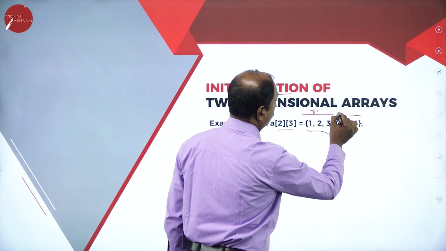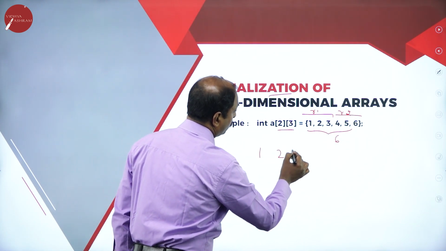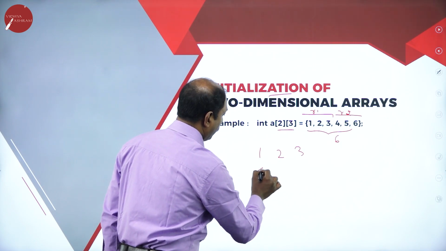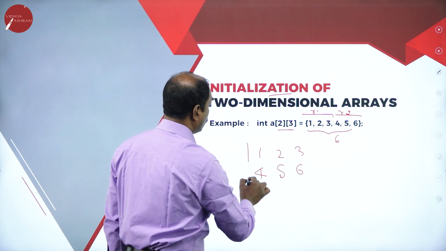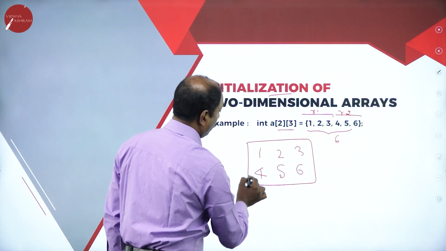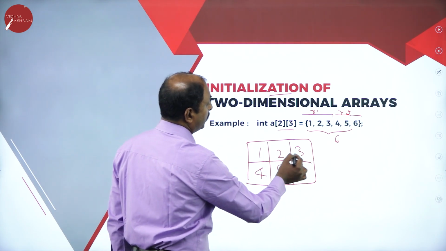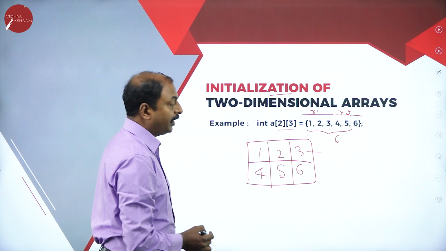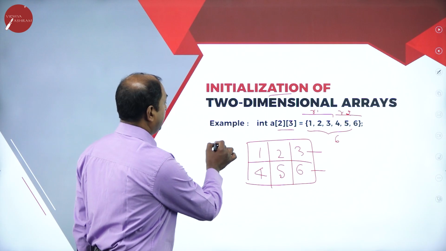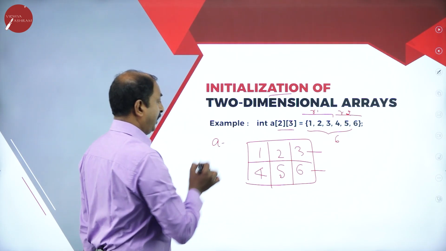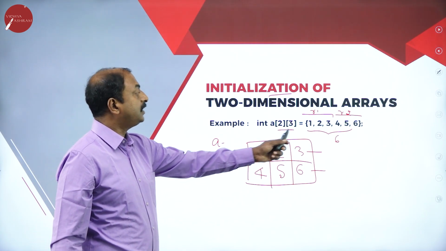We can store the elements in the form of a table with rows and columns. So 1, 2, 3 are the first row elements, and 4, 5, 6 are the elements of the second row, and A is the name of the array.